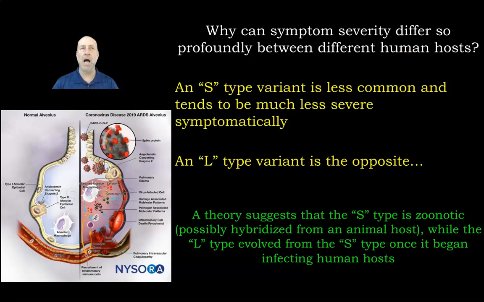And so if you had mild symptoms, you possibly had the S variant. And it's considered possible that the S variant is the hybridized one, the zoonotic variant that jumped from some other mammalian non-human host, possibly a bat, and jumped from there and was pretty mild.